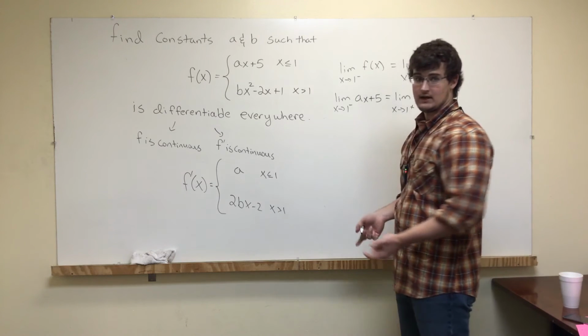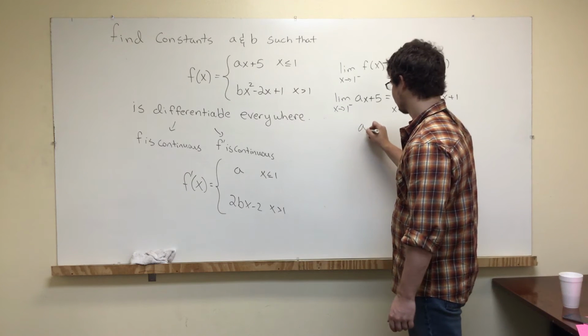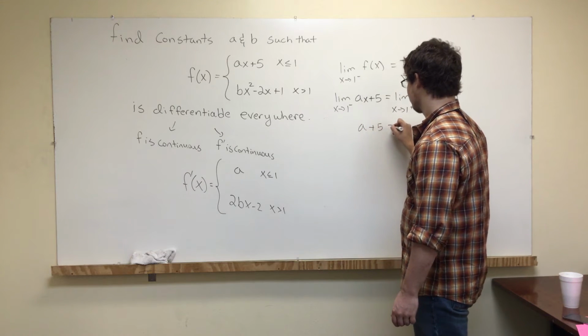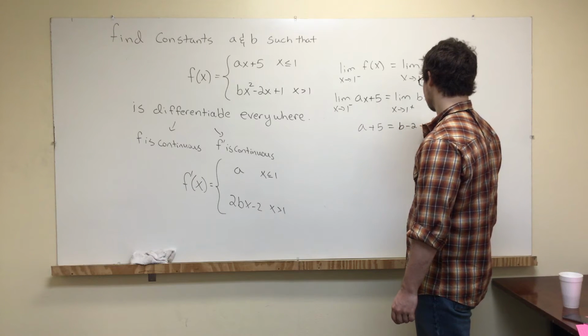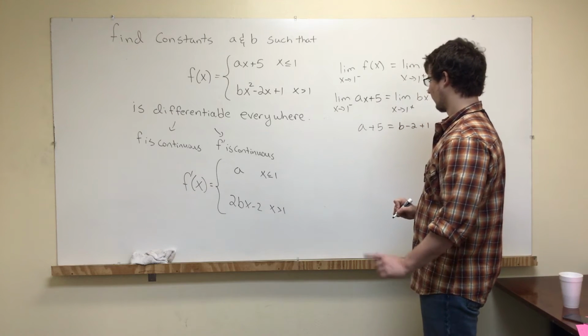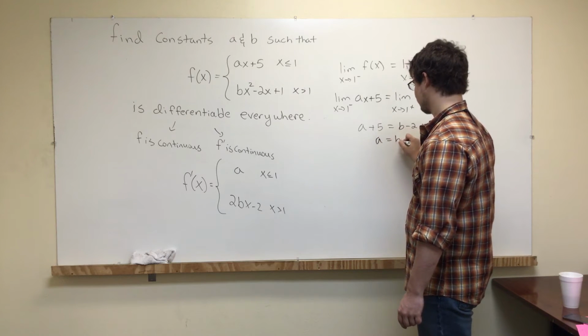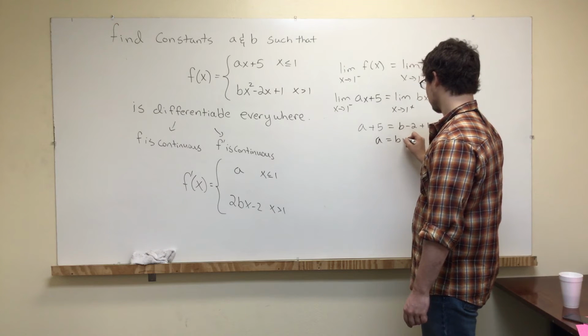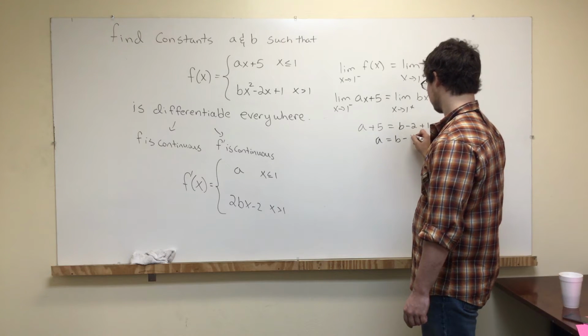Alright, and now I can just evaluate the limit. So plug in 1 for x. So I get a plus 5 equals b minus 2 plus 1. Or a equals b minus 6.